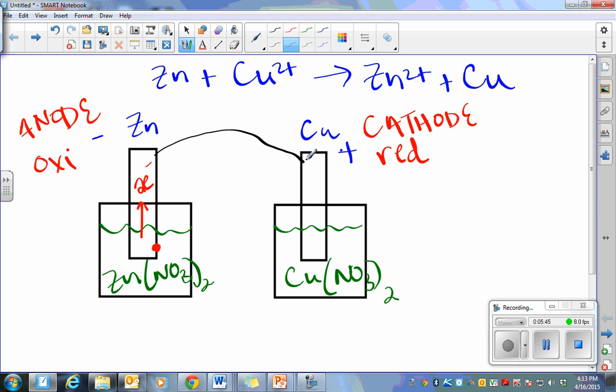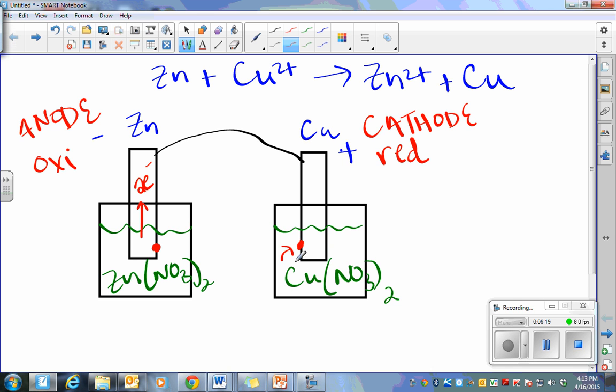And these two electrons travel through the wire to this cathode, and at the interface down here, a copper ion in the solution comes and finds these two electrons, combines with the electrons, and actually deposits itself onto this electrode. So over time, what's happening with this copper electrode? Well, it's gaining in mass because it's using up the copper within the solution and becoming copper solid, depositing itself onto this electrode.